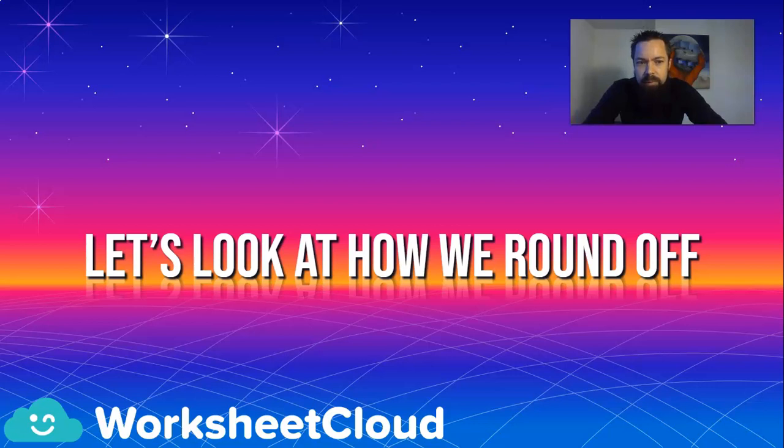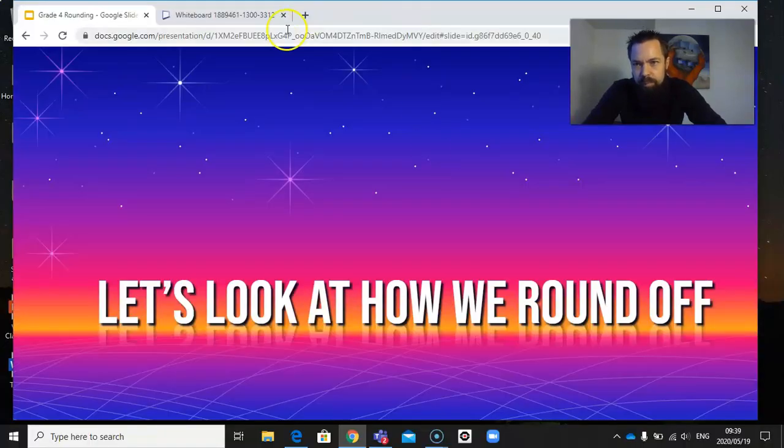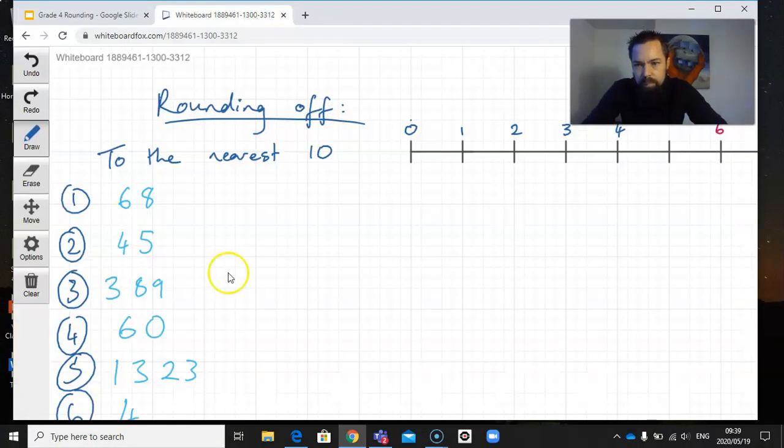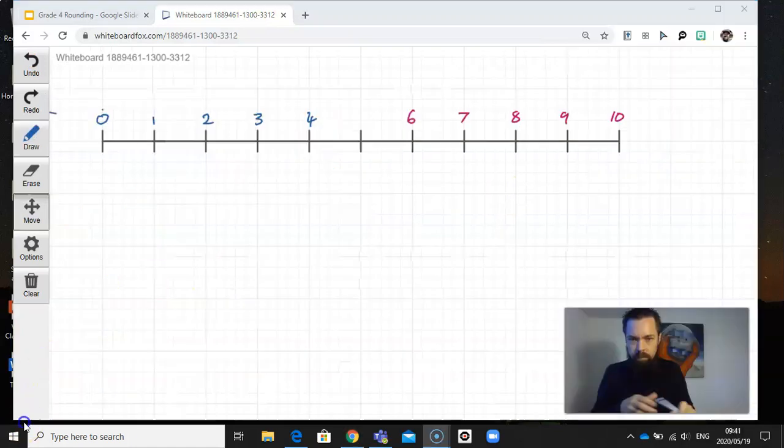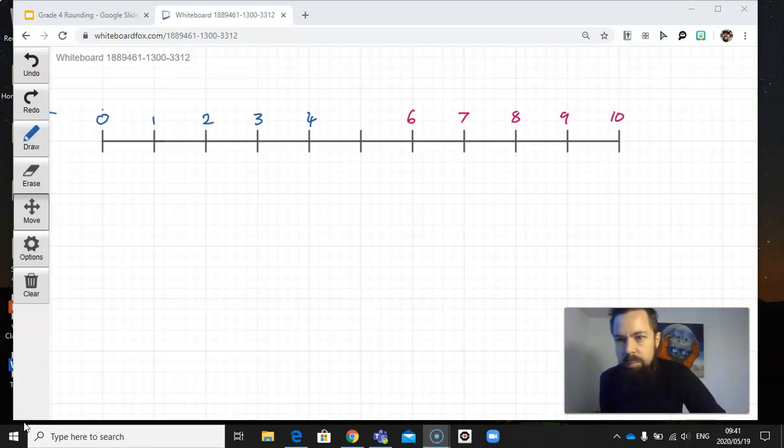Let's look at how we round off. All right, so I've drawn a number line here, just from 0 to 10, and we're going to look at rounding off tens first. So when we're rounding off, what we're doing is we're looking to see which of the tens, either 0 or 10, because those are both part of the 10 times table. 0 is 0 times 10, 10 is 1 times 10.